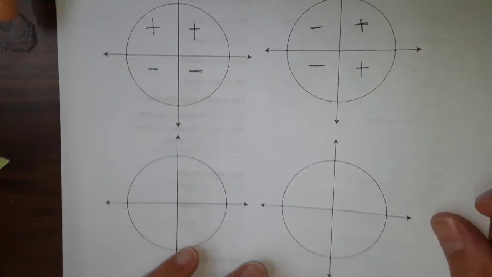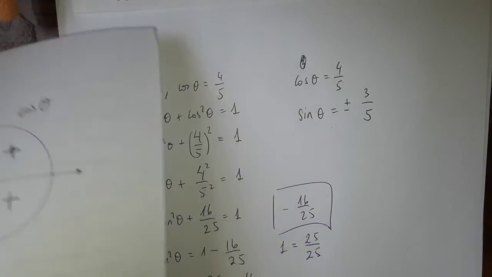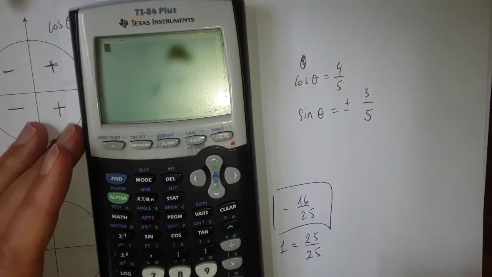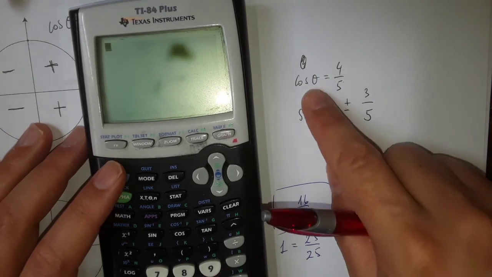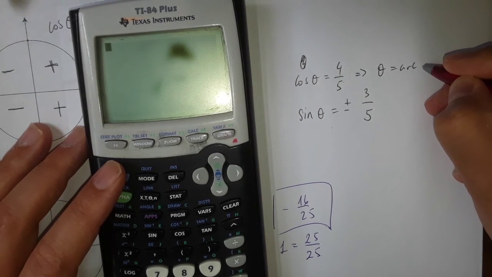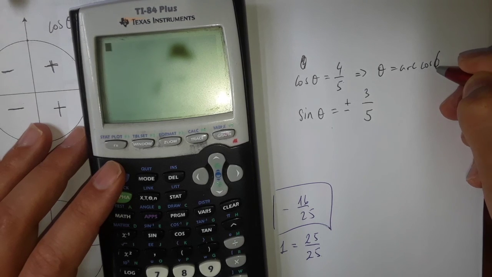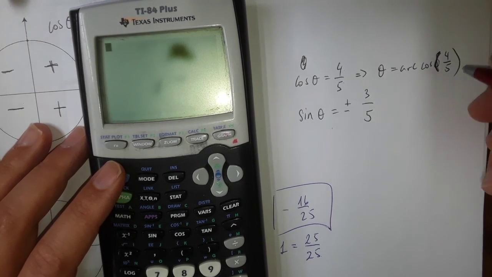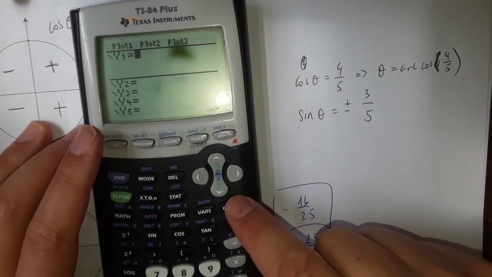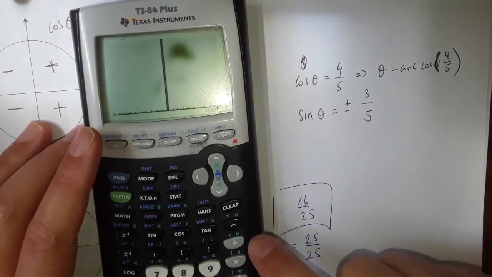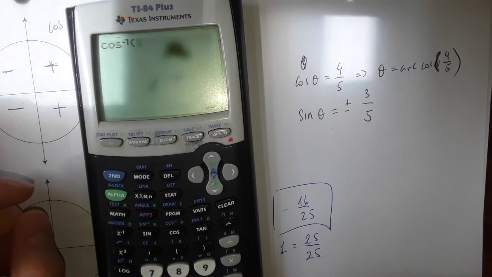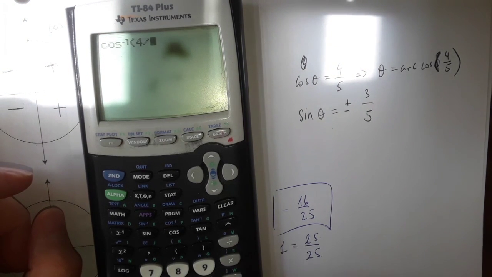So now what we need is to take a calculator and find out. So let's try it. Take the calculator and we do arc cosine of 4 over 5, so it's the inverse cosine of 4 over 5.